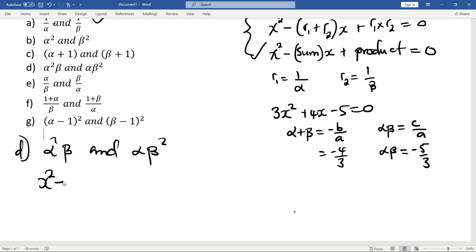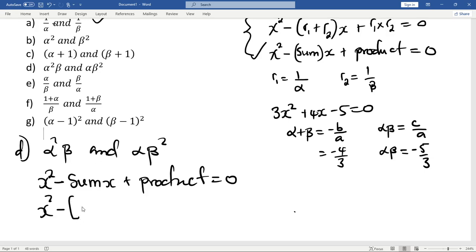So here, x squared minus the sum of the two roots multiplied by x plus the product of the two roots equal to 0. Then we have x squared minus the sum now. We add these two roots that we have there.